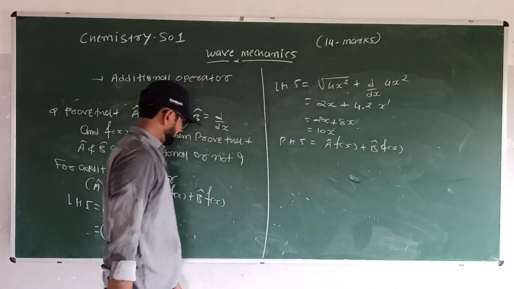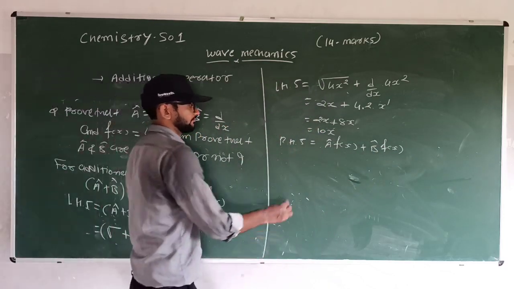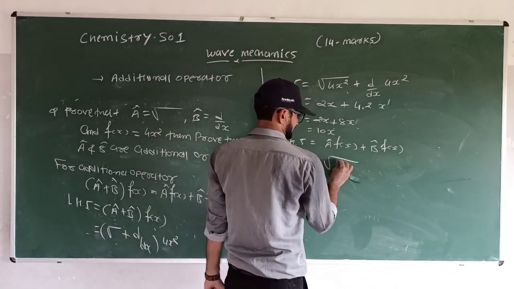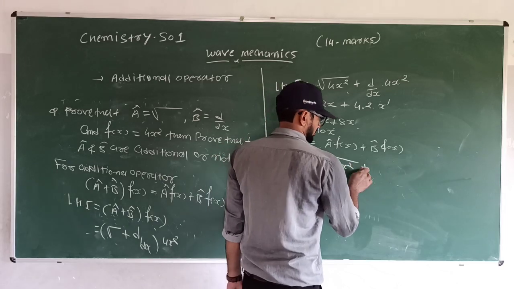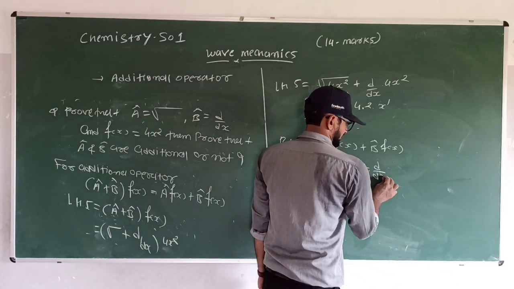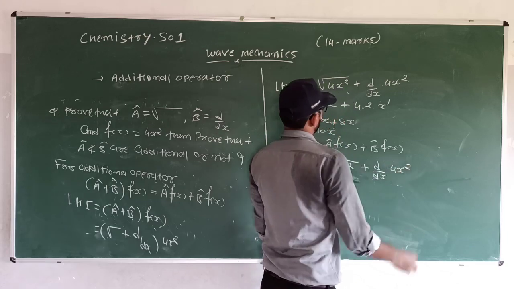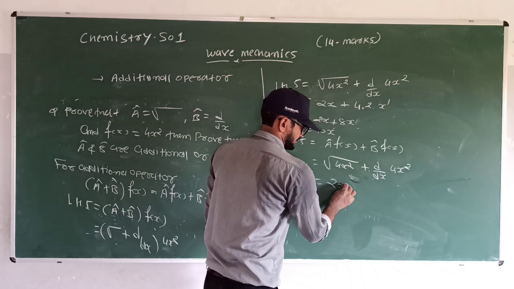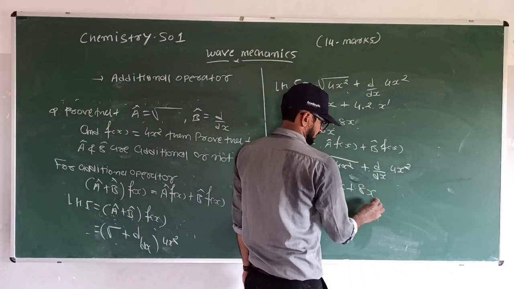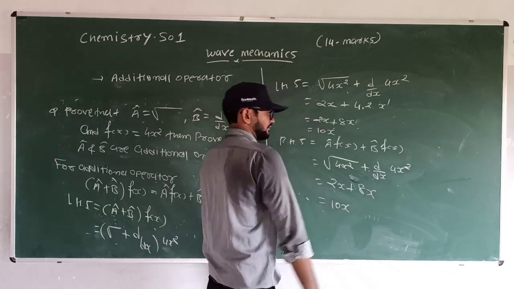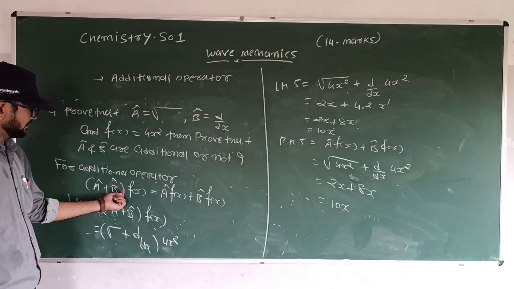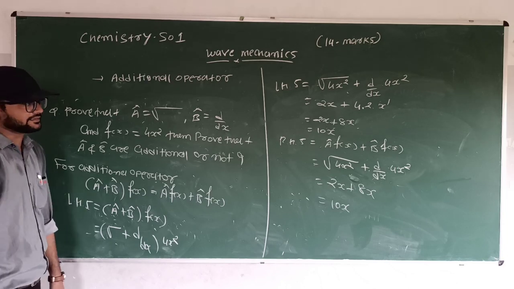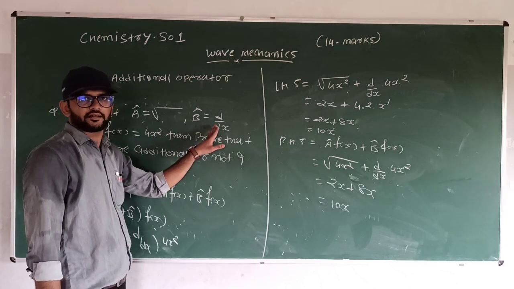So the value of A cap f(x) is under root of 4x squared, plus B cap, d/dx of 4x squared, which is equal to 2x plus 8x is equal to 10x. Okay. So here LHS is equal to RHS. It means A cap and B cap both are additional operators.